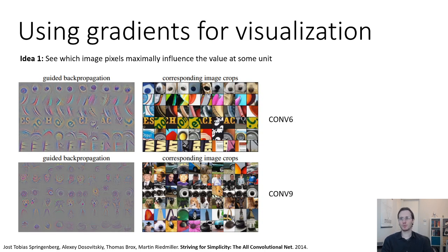So here's what the authors of this paper came up with as some visualizations of different units in layer conv 6 and layer conv 9. I believe this is for VGG, but I'm not completely sure. The way that they generated these visualizations is they first found the patches that maximally activate different units, and then they used this gradient method to figure out which particular pixels in those patches are responsible for that activation.